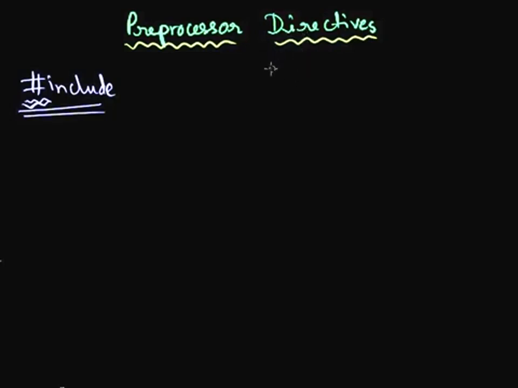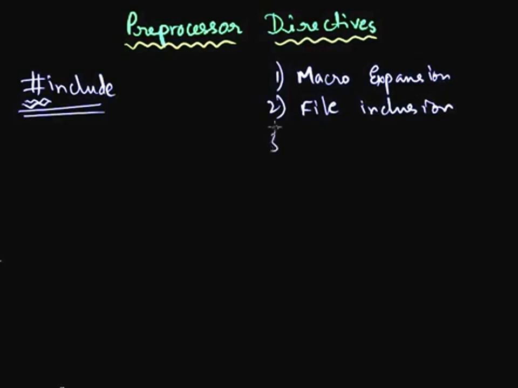There are three types of preprocessor directives. One is macro expansion. Second is file inclusion. And the third one is nothing but conditional compilation.